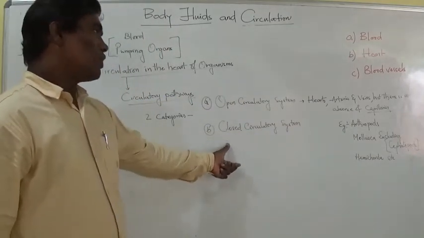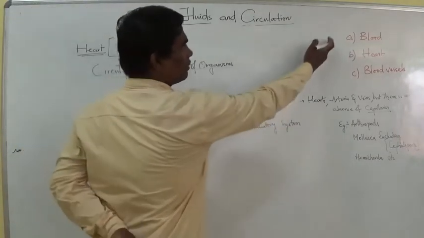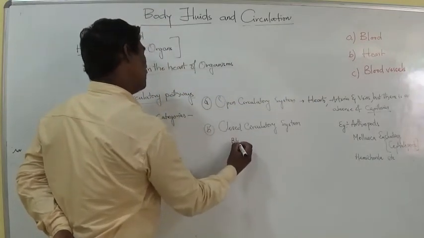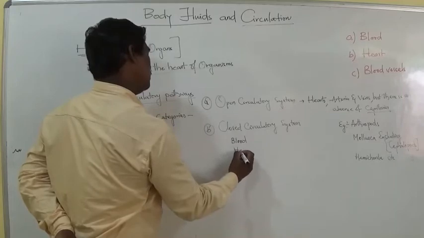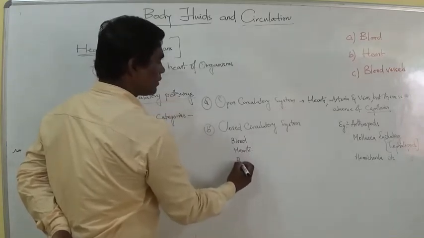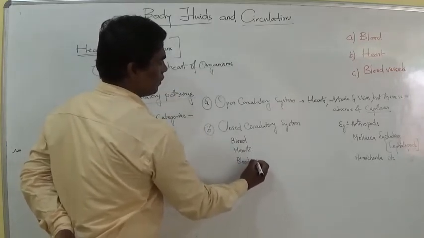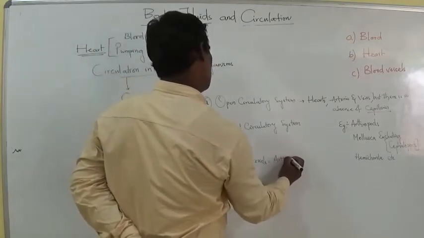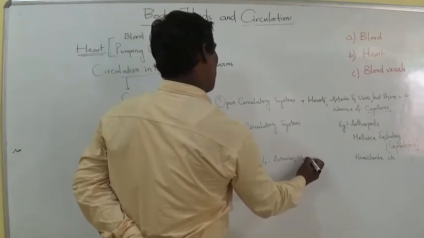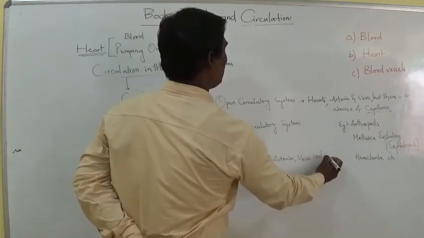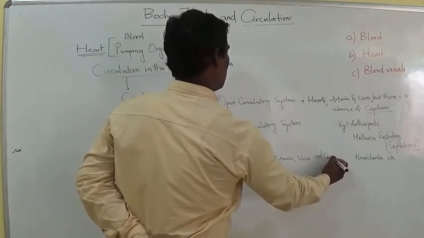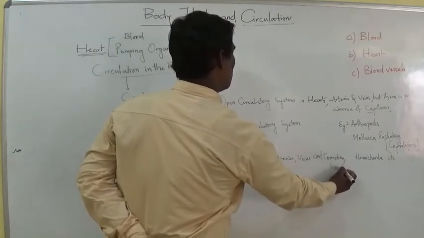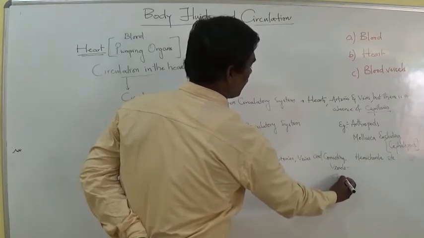When it comes to the closed circulatory system, it has all the three basic components of the blood circulatory system, that is blood, heart, and blood vessels, with arteries, veins, and connecting vessels called capillaries.